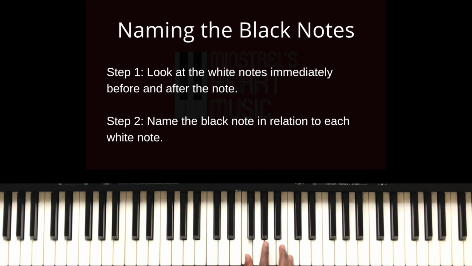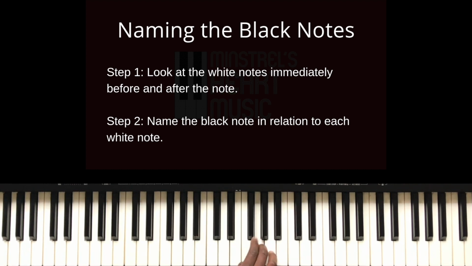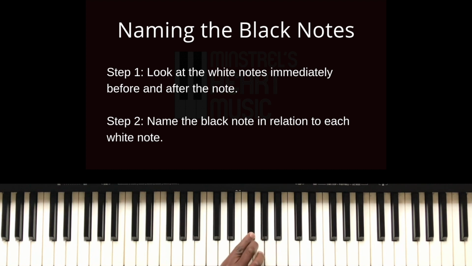So relative to F, this note is sharpened, so we can call it F sharp. But relative to G, this note is flattened, so we can call this G flat. Hopefully you're getting the hang of this.